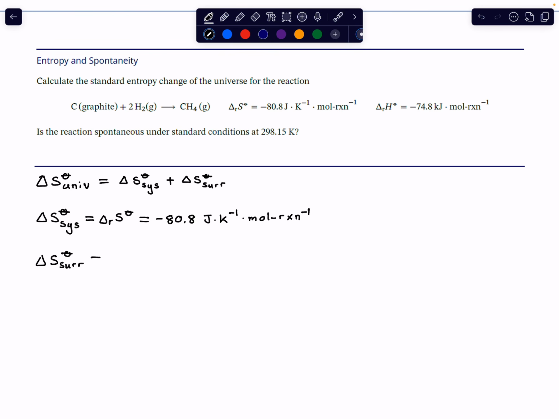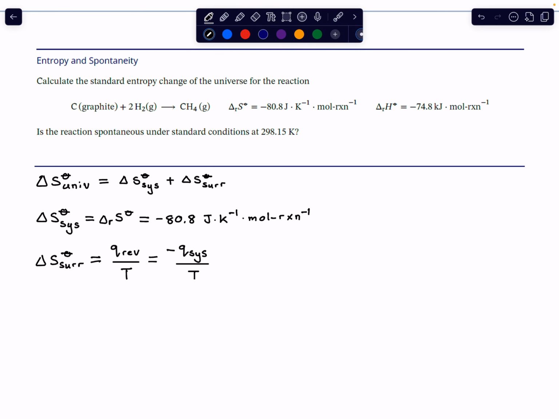So to calculate the entropy change of anything, we need the amount of reversible heat transferred at a given temperature. And in terms of our surroundings, it will always be the negative of whatever the system did, right? Like we discussed, if the system expels heat or gives off heat, the surroundings must absorb the heat.